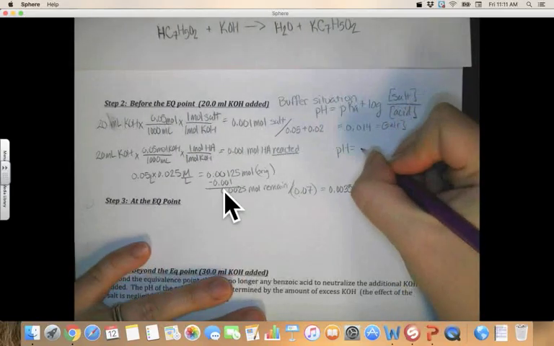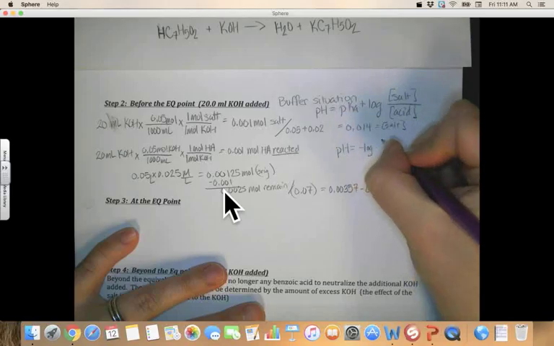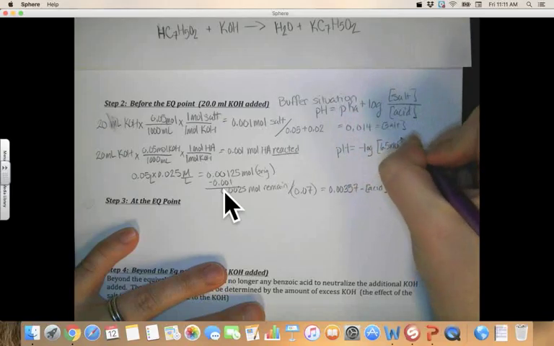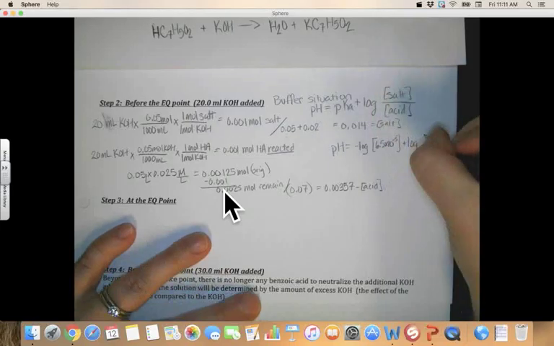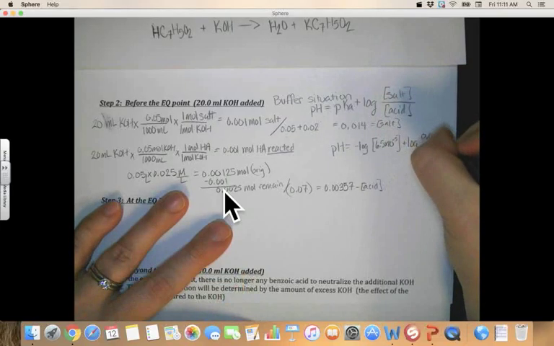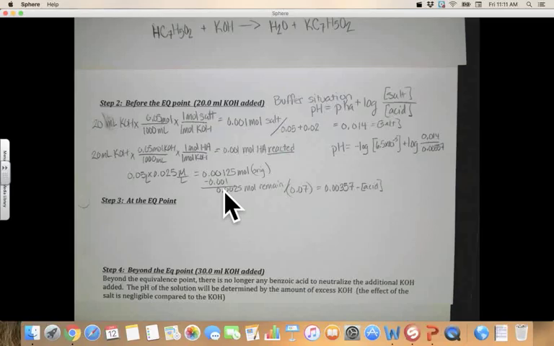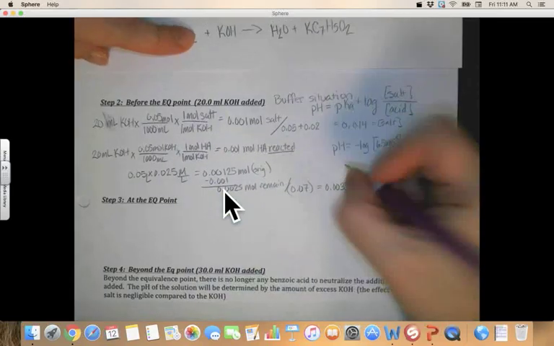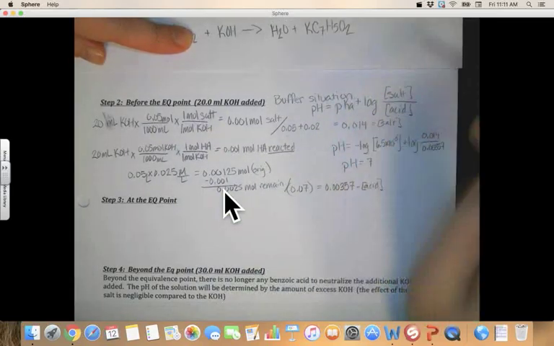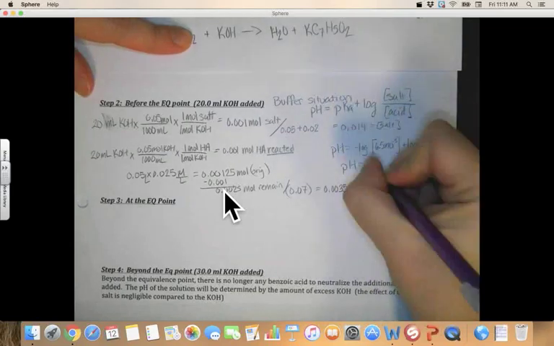My pH is going to equal pKa, so the negative log of 6.5 times 10 to the negative 5, plus the log of 0.014 divided by 0.00357. And my pH is 4.78.